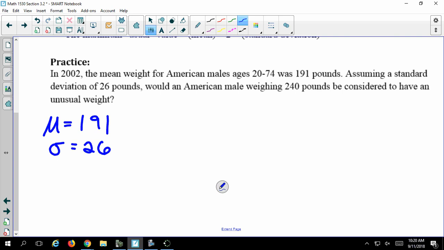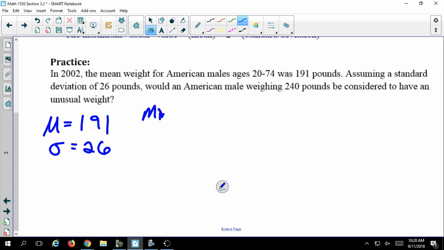So any weight that's within 2 standard deviations of 191 is going to be called usual. So what is 2 standard deviations? Well, 1 standard deviation is 26, so what's 2 standard deviations? 52. So any weight that's within 52 pounds of 191 is going to be considered usual, and anything outside of that is unusual. So we're going to calculate this using a little formula.